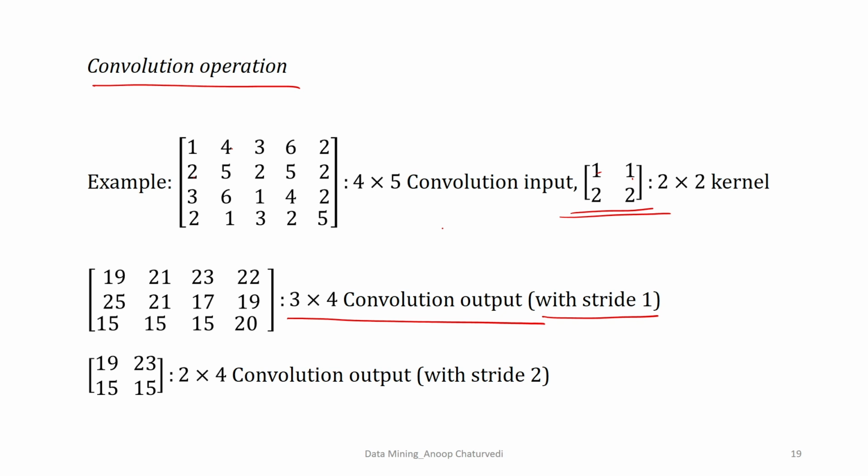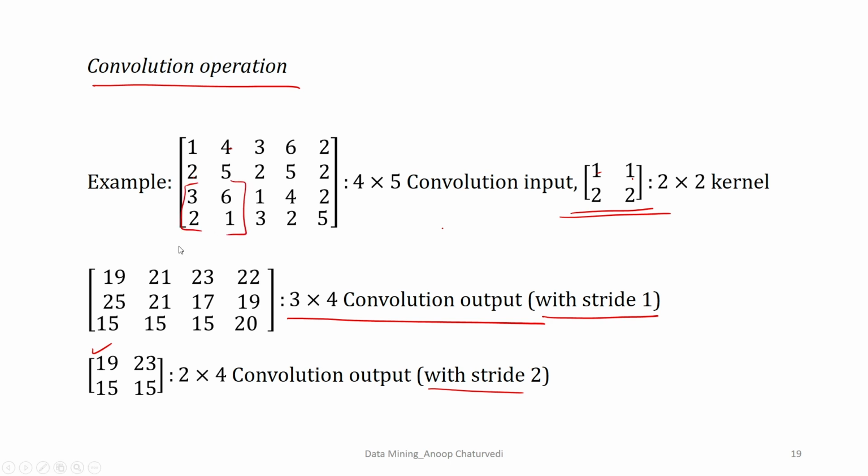Now, if you are using a convolution with stride 2, this is actually the convolution with stride 1. Then for convolution with stride 2, we perform convolution here, we get 19. Then we leave this, we start from here, we perform convolution here, we get 23. And then we leave the next one, we leave one row also.